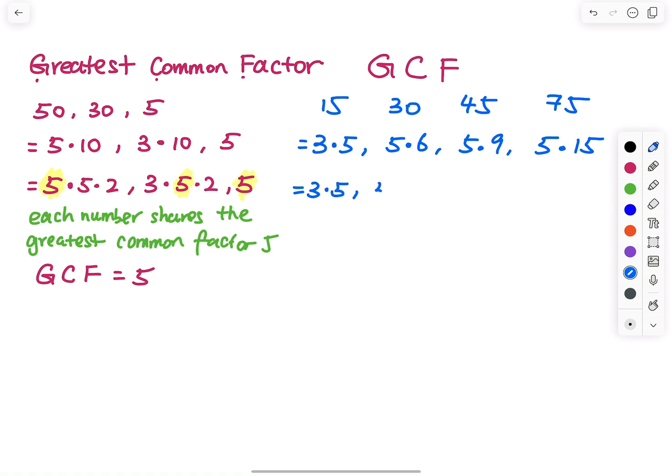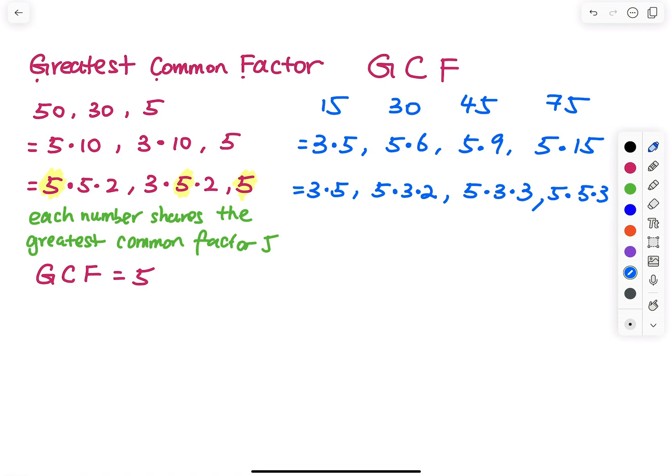The 5 times 6, the 6 we can: 3 times 2. And then the 5, no. And then the 9, 3 times 3. 5 times 3 times 3 is 45, right? And then the 15 is also 5 times 3.